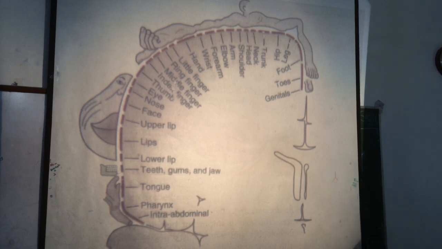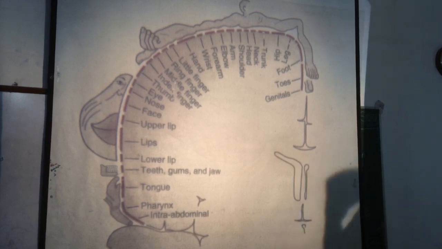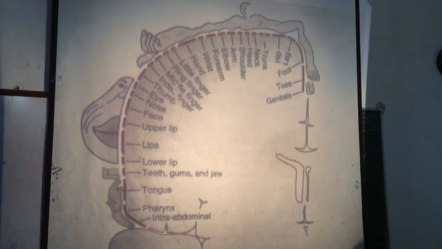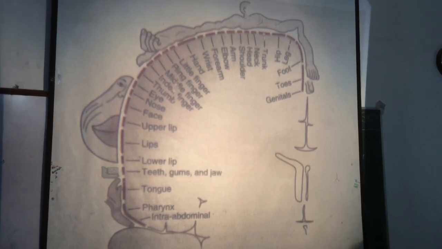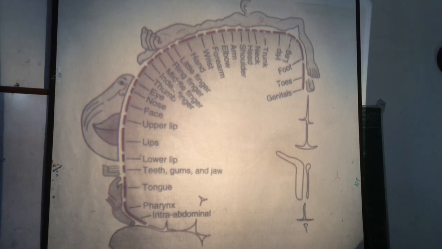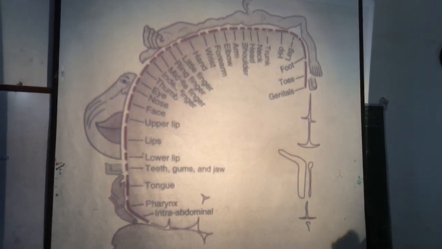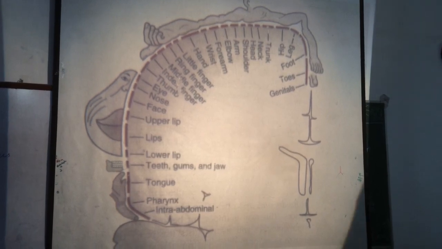So corticospinal, corticobulbar, corticothalamic, corticopontocerebellar, and corticostriate fibers. This was about the connections of the primary motor area.